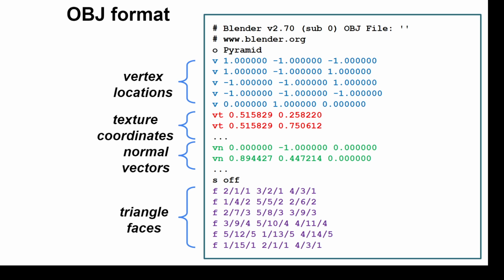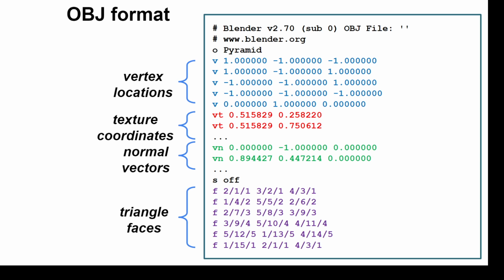You can also do things like read an STL file, which is created for 3D printing, yet another file format. OBJ is a good one because it usually includes texture coordinates and normal vectors as well, and it's a simple file format. I think they're all text-based.